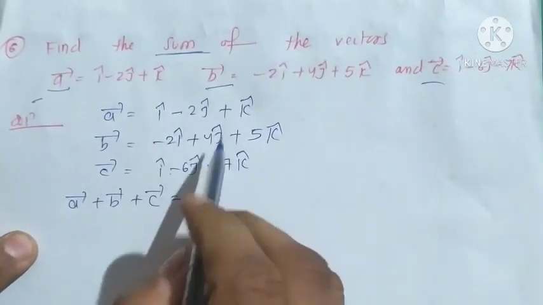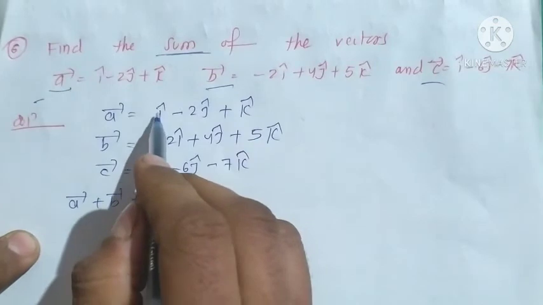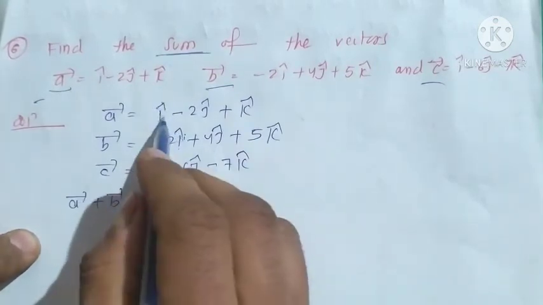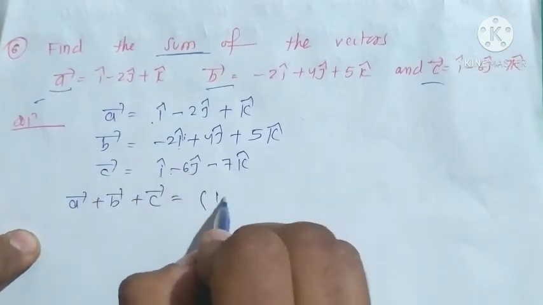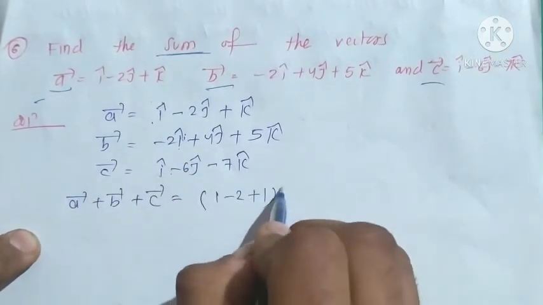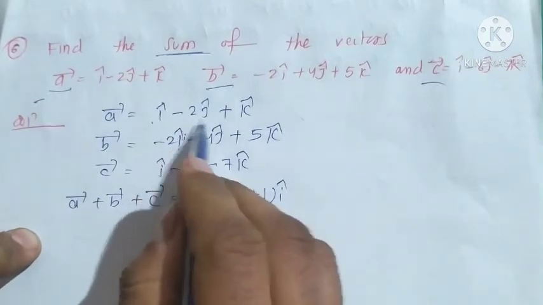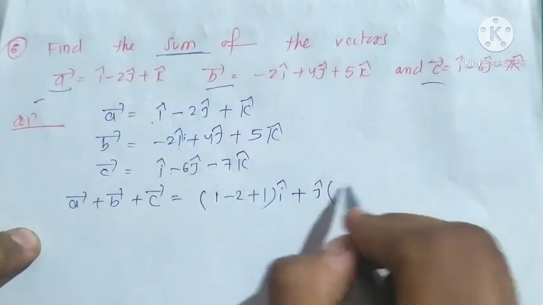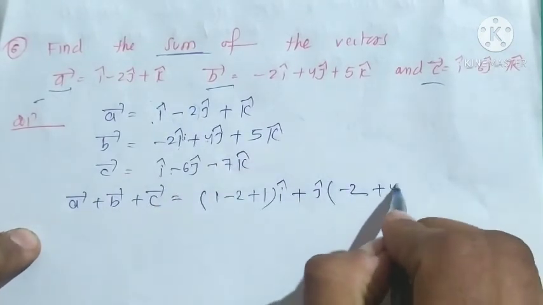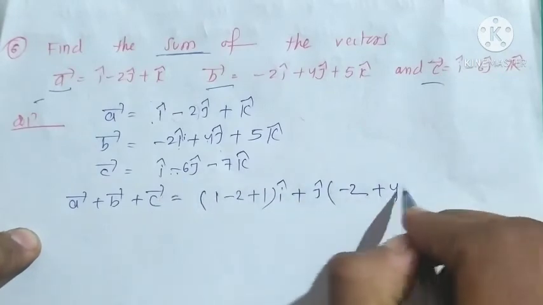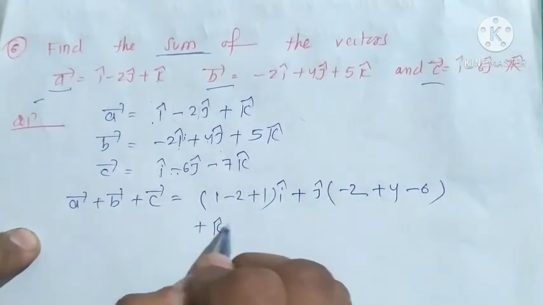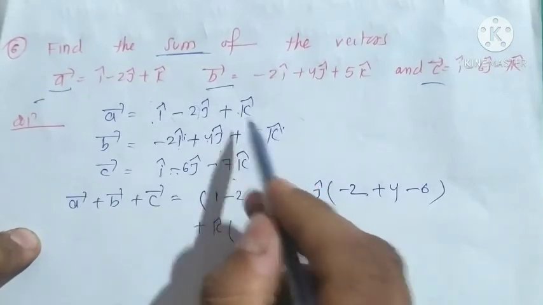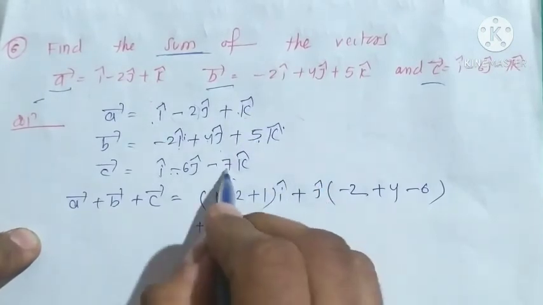Firstly we add all the magnitude values of the unit vector i. So here 1, -2 and +1. This is the i component. Then we take the j component, plus j, and their magnitude values are 2, -2 +4 and here -6. Then plus k, we take only the magnitude values of this unit vector k: 1 and here 5 and here -7.